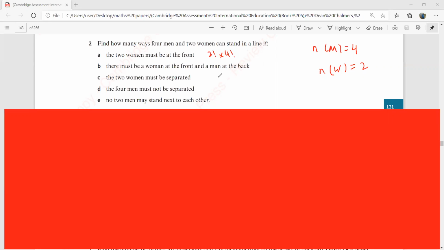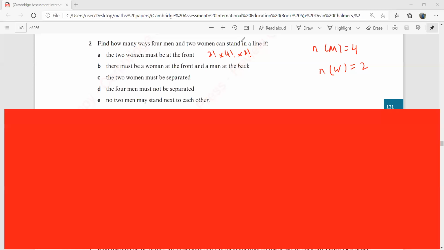Now, if the question was that the 2 women can either be at the front or they have to be at the back, then we'll add 4 factorial times 2 factorial to this, or you can multiply it with 2 factorial. If it says the 2 women can either be at the front or at the back, isn't this an OR case? Wouldn't we use a plus?